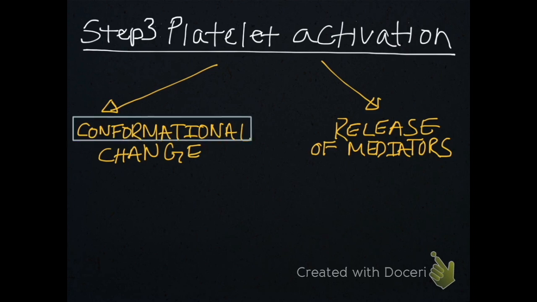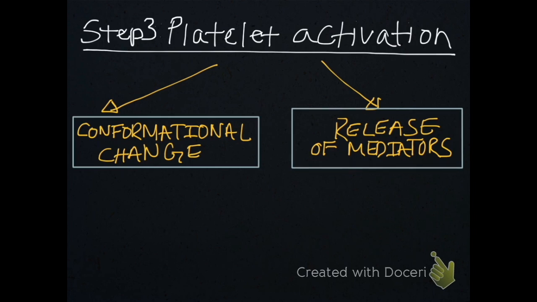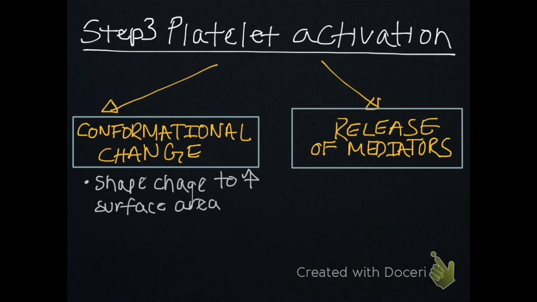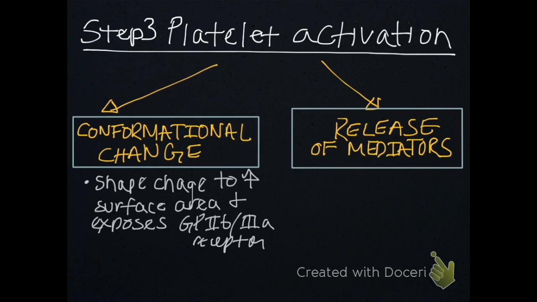And if that surface area is increased, the binding capacity of the platelets is going to increase, and it's going to result in the exposure of a receptor known as glycoprotein 2b3a, which is very important in terms of platelet-to-platelet adhesion and further activation. In addition to that, there's going to be an exposure of negatively charged phospholipids, which are then going to be able to bind to platelets, further contributing to this activation process.